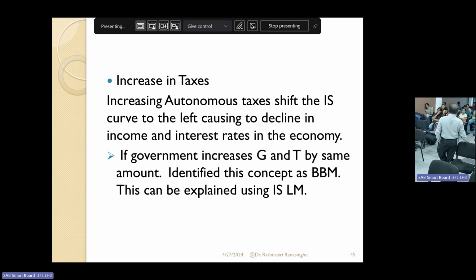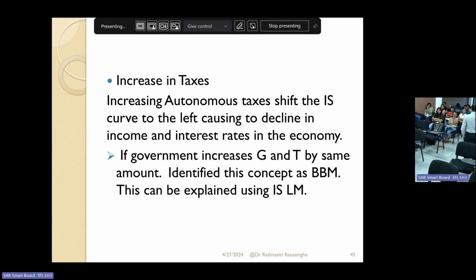Investments, government expenditure, and exports. And the withdrawals are taxes, savings, and imports.